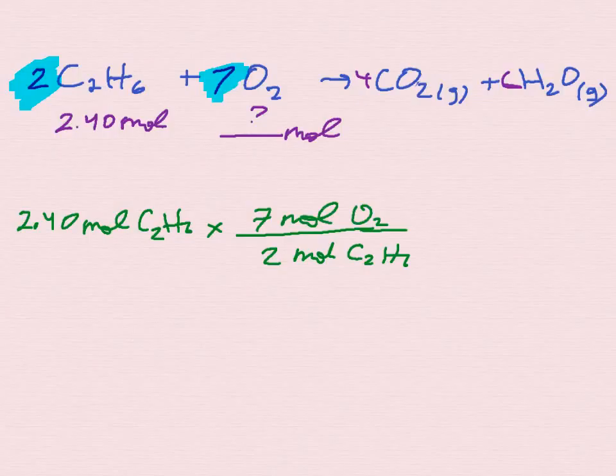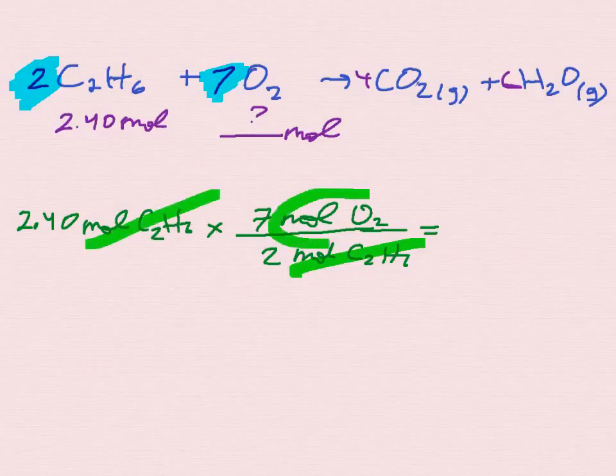So mathematically, you're going to take 2.4 and multiply it by 7, and then divide it by 2, and that should give you the right answer. Notice the units. Moles of ethane cancel. You're left with the desired unit of moles of oxygen. So 2.4 times 3.5 is going to give you 8.4 moles of oxygen.